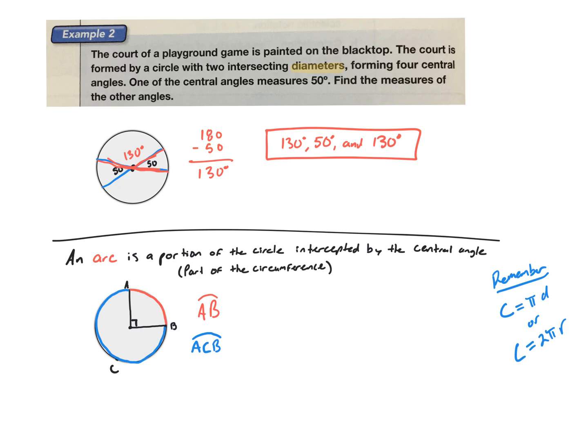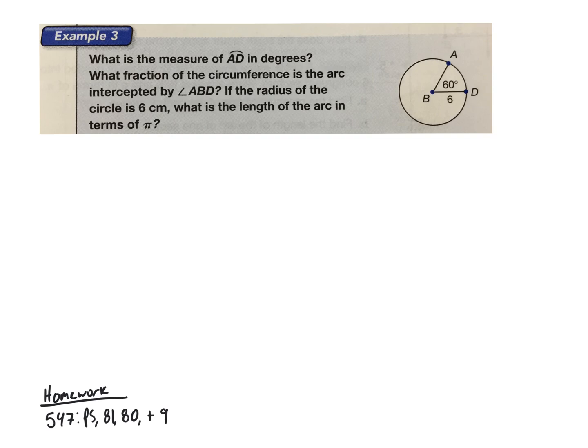Likewise, we would be able to say that this red piece of the circumference is 1/4 of the way all the way around. Okay, so make sure you remember your 2 circumference formulas as we move into the next one. The circumference is pi times d, so if we know the diameter, or you could say 2 pi r if we know the radius. So you need to know that here as we move into our next example.